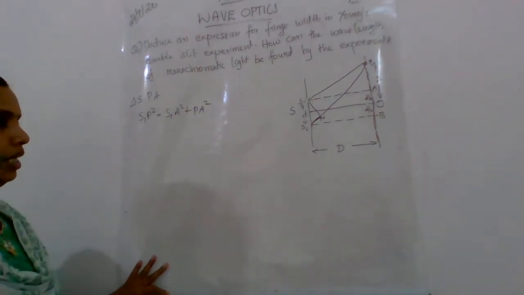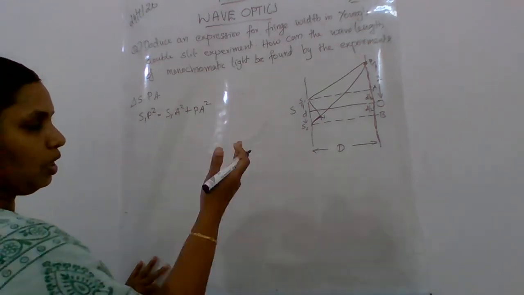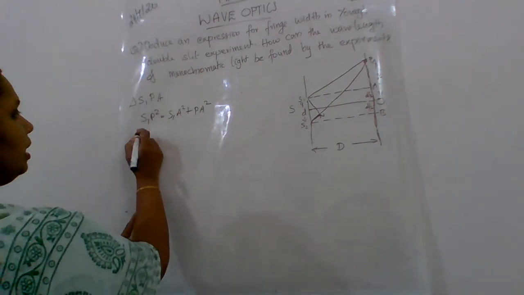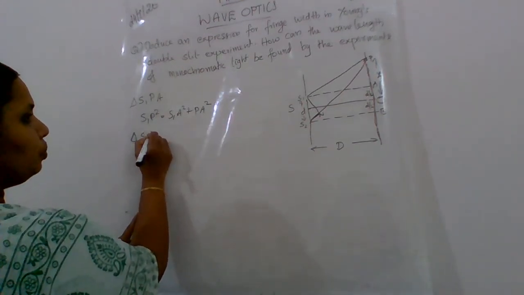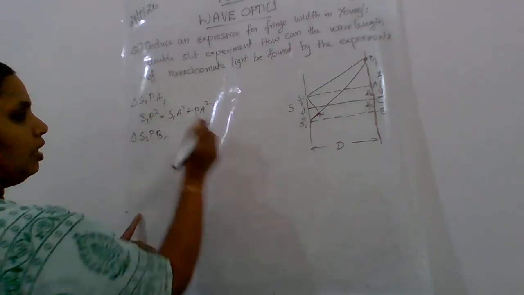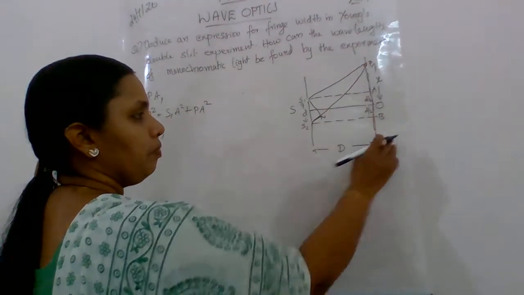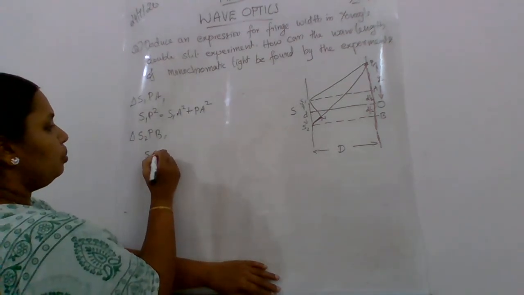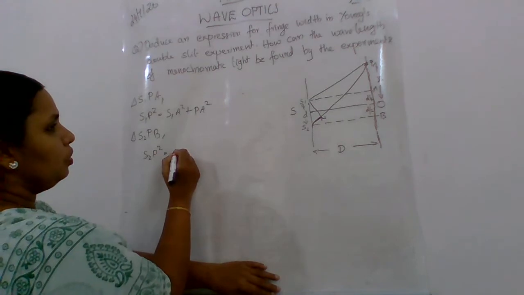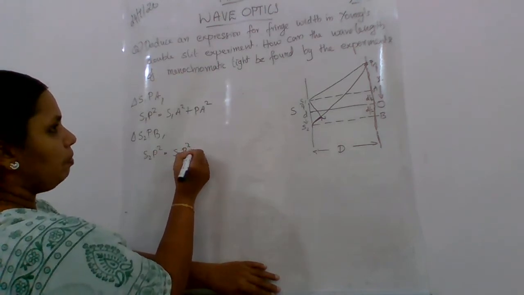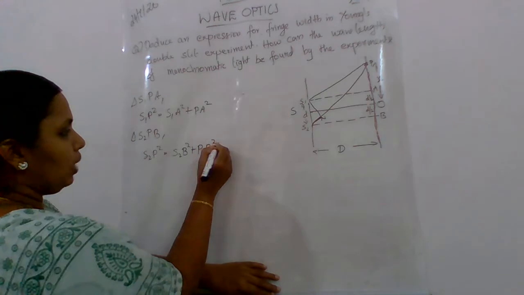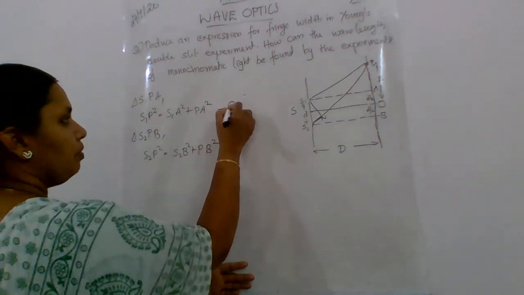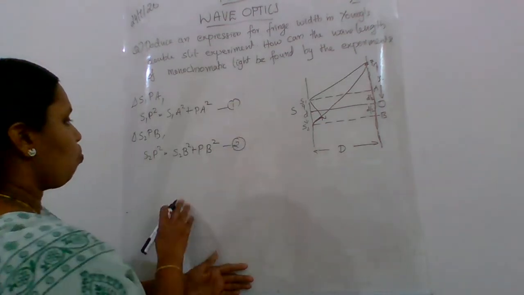That is, hypotenuse square is equal to base square plus height square. And the next triangle is triangle S2PB. In S2PB, I can write S2P square is equal to S2B square plus PB square. Take this as equation 1 and this as equation 2.